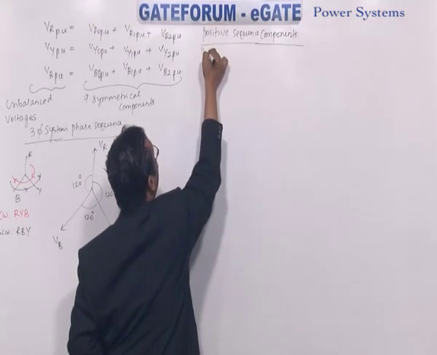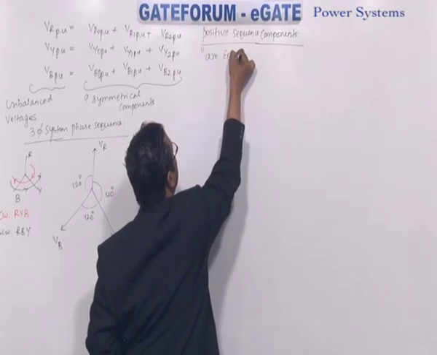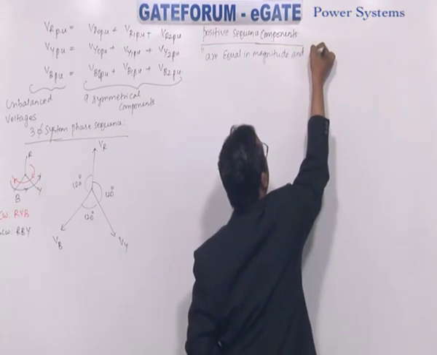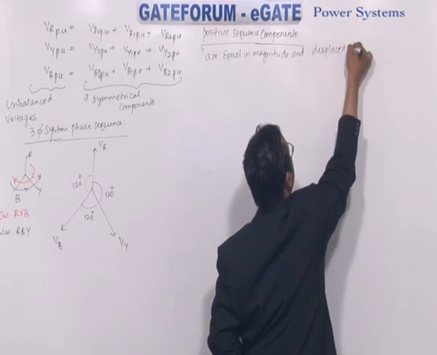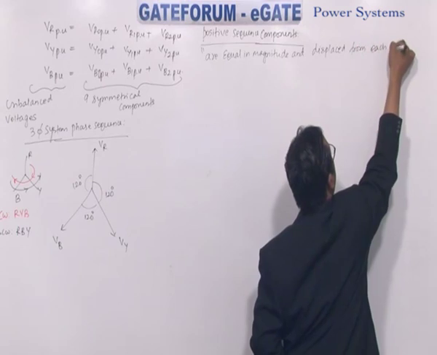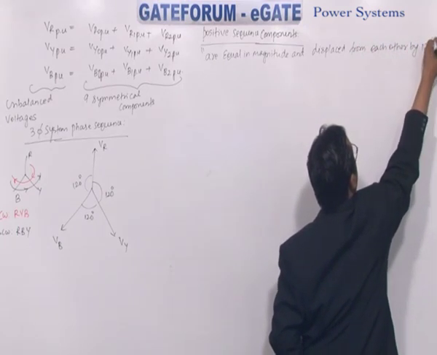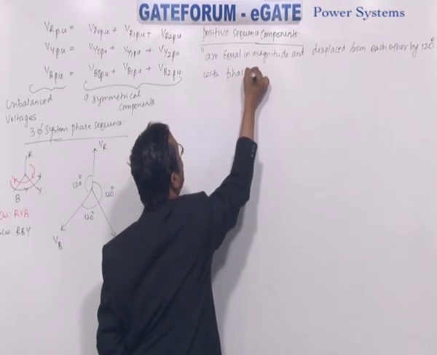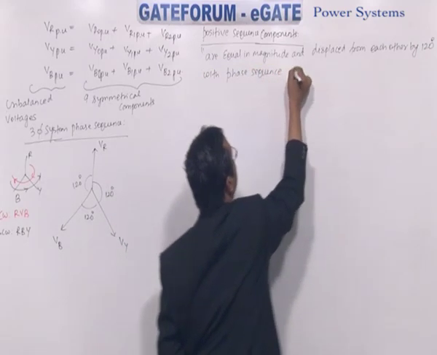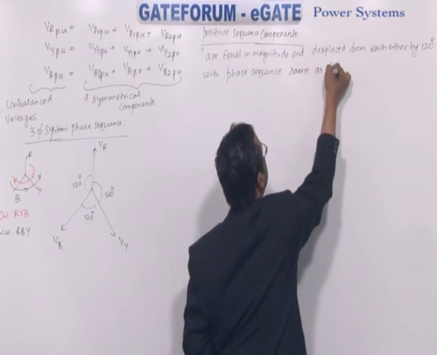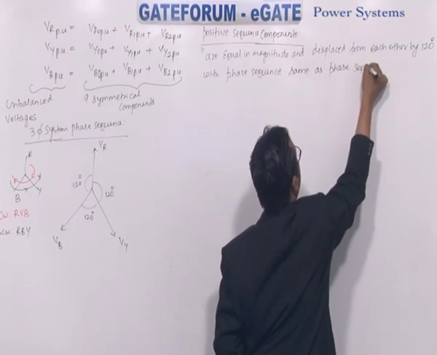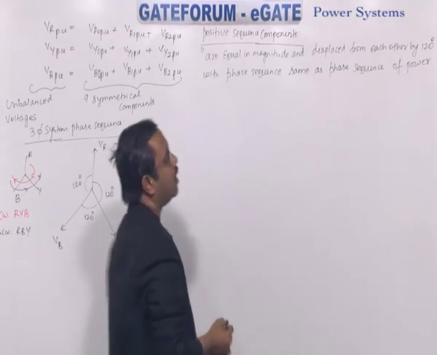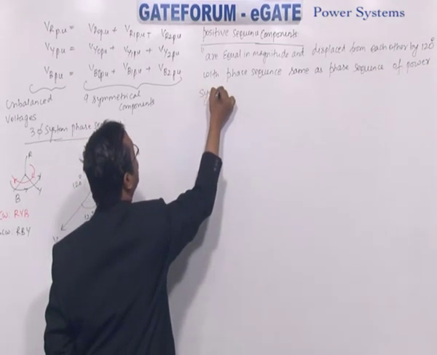So positive sequence components are equal in magnitude and displaced from each other by 120 degrees with phase sequence same as the phase sequence of power system network.